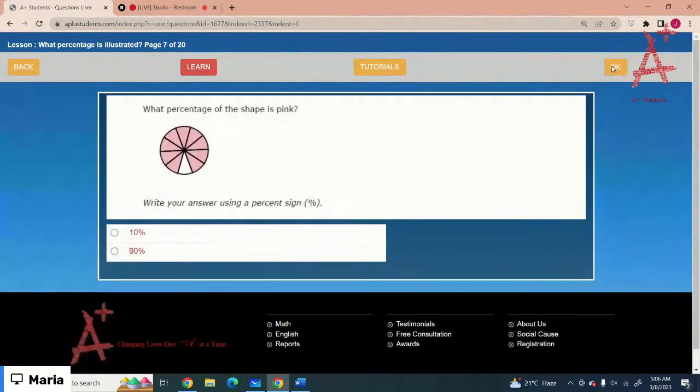Okay, what percent of the shape is pink? Yes, very good. 90% of the shape is pink. So it is 90%.